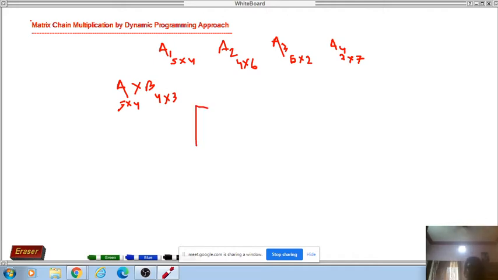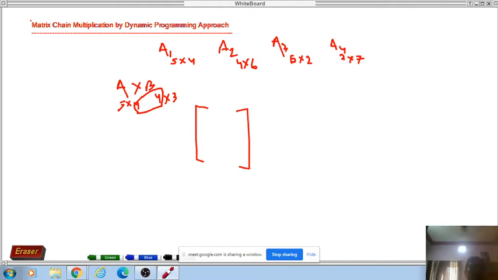This is a matrix format, and matrix multiplication is only possible when the number of columns of the first matrix is the same as the number of rows of the second matrix. This is 4, this is 4. So obviously matrix multiplication is possible.